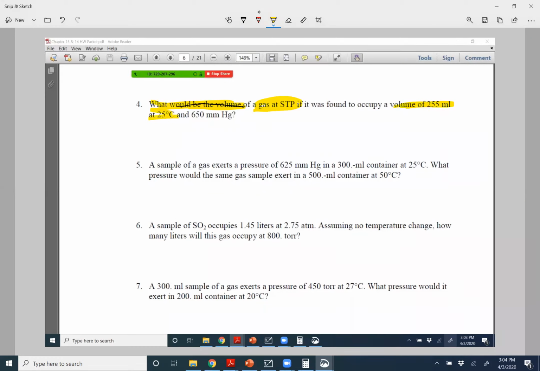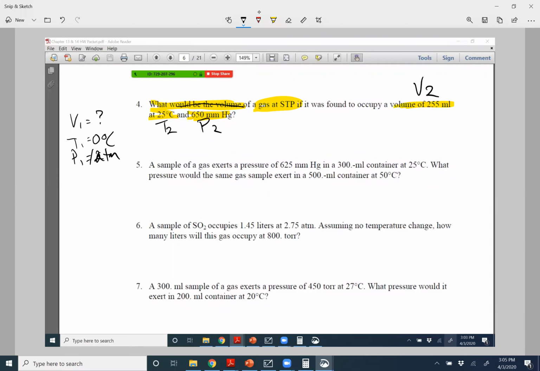So if we make a list, it wants to know the volume at STP, so standard temperature is 0 degrees C, and standard pressure is 1 atm.